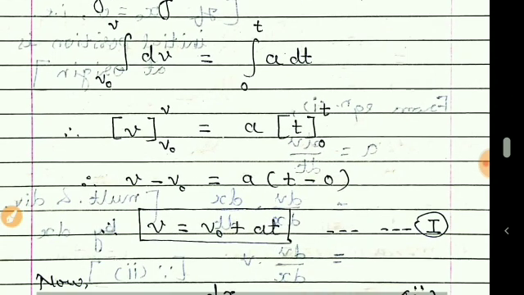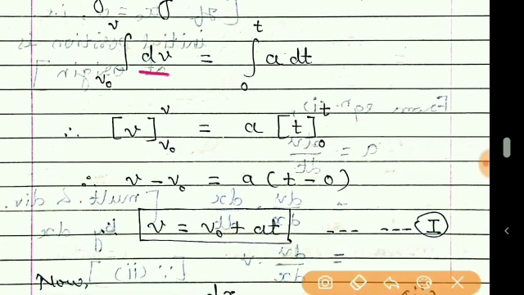Now next term. What is the integration of dv? So students, recall that integration. We have given that formula, that integration of dx, where x is a function here, will be x.